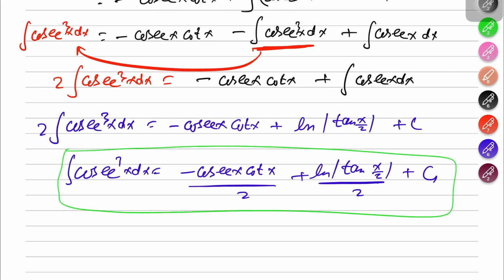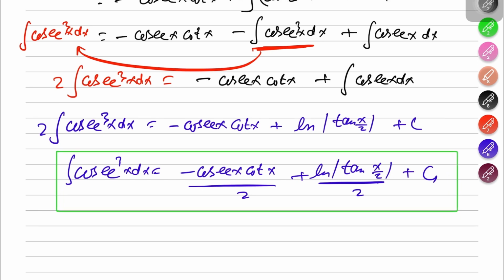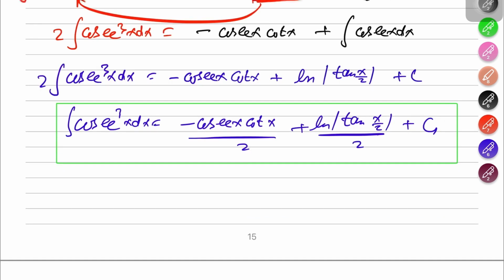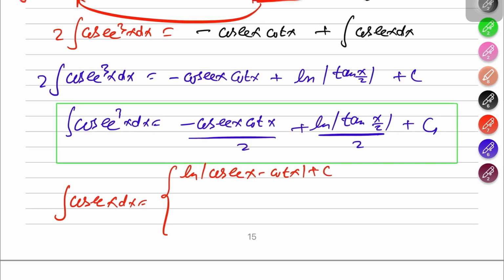So this is the integration of cosec cube x. By the way, you should know that for the integration of cosec x dx, it's not just one function. I have used one function, but other possibilities are ln mod of cosec x minus cot x plus constant, and ln mod of tan x by 2 plus constant.